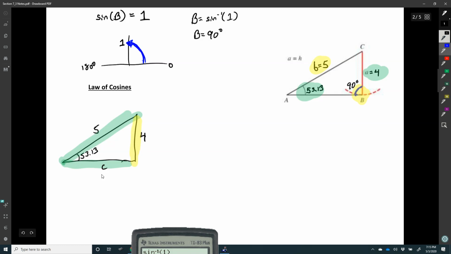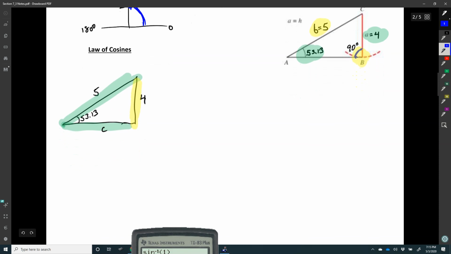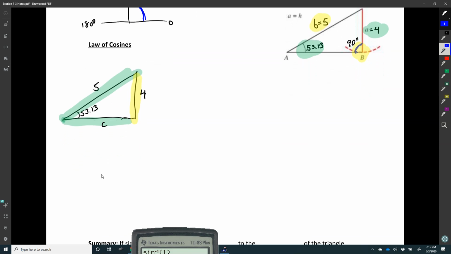But anyway, so we're going to use the law of cosines. So it says that the side opposite the angle squared is equal to the other two sides squared, so 5 squared plus C squared, minus 2, those two sides again, 5 times C times cosine of the angle between the sides, 53.13.